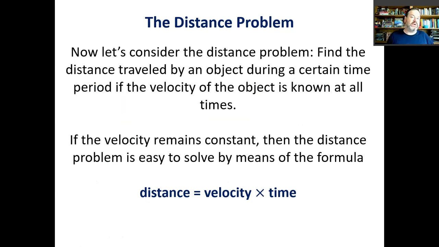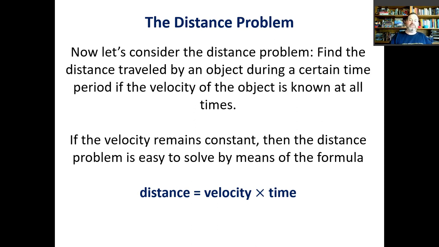Now there's one more type of problem that comes up in this section, and it's called the distance problem. It's just like we did with velocity when we talked about the MPQ functions way back in chapter 1. Find the distance traveled by an object during a certain time period if the velocity of the object is known at all times. If the velocity remains constant, then the distance problem is easy to solve by means of distance equals velocity times time.